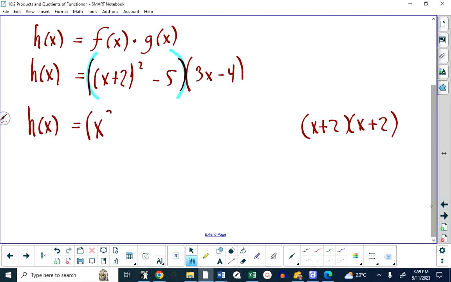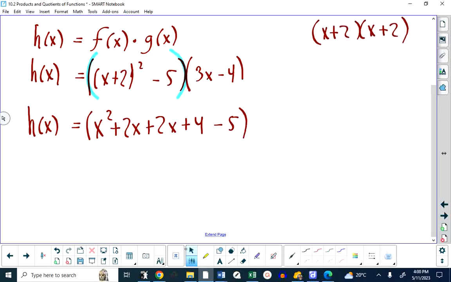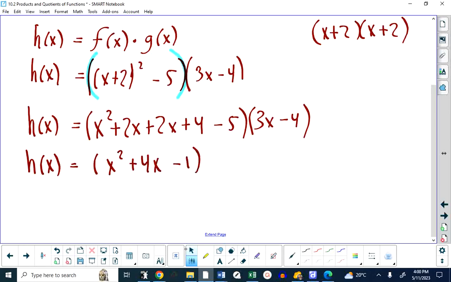So that's going to give me x squared plus 2x plus 2x plus 4. Then I have minus the 5. And then I need to multiply that by 3x minus 4. Simplifying a little bit further, h of x is equal to x squared plus 4x minus 1 multiplied by 3x minus 4.